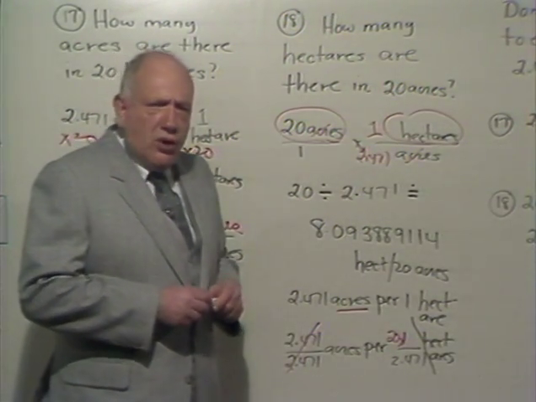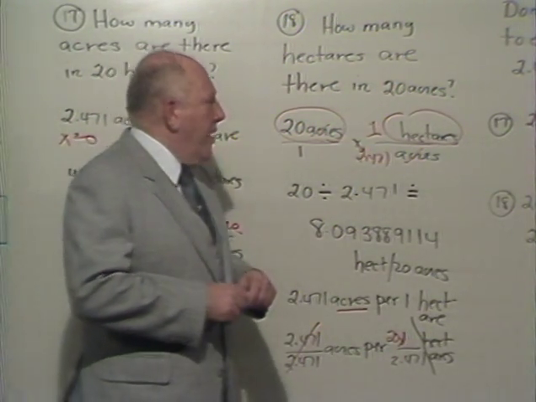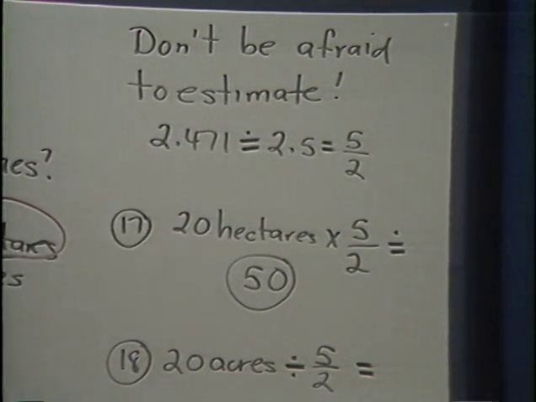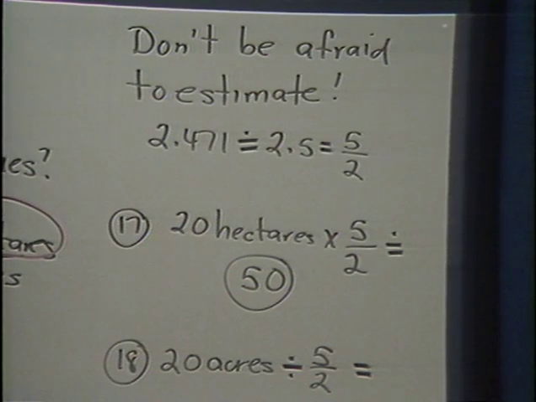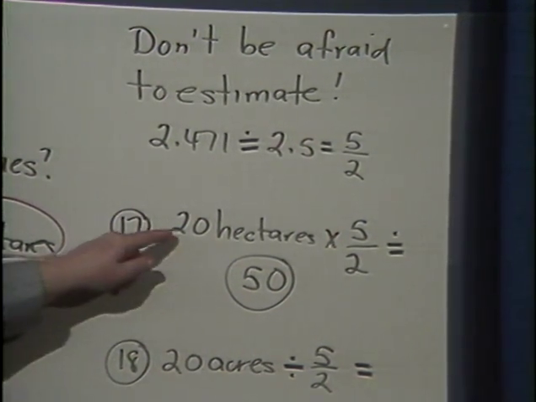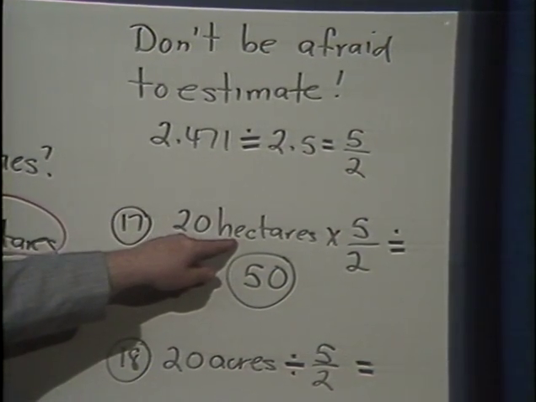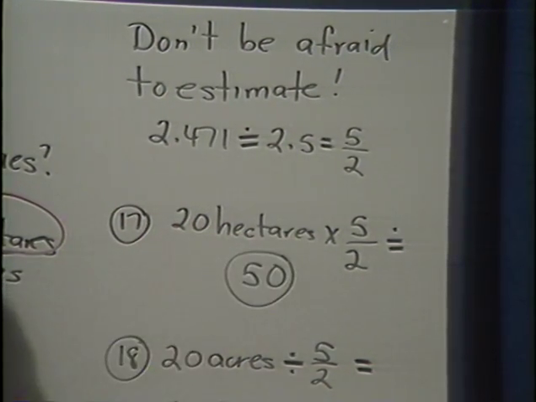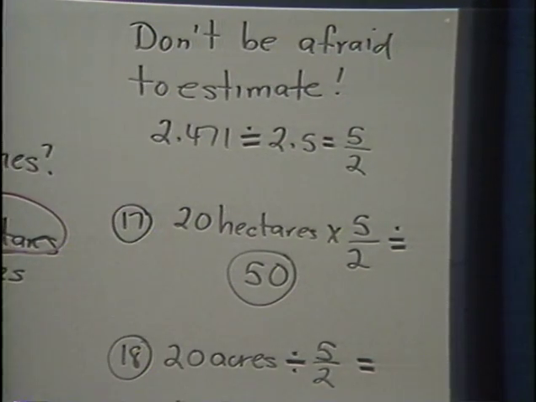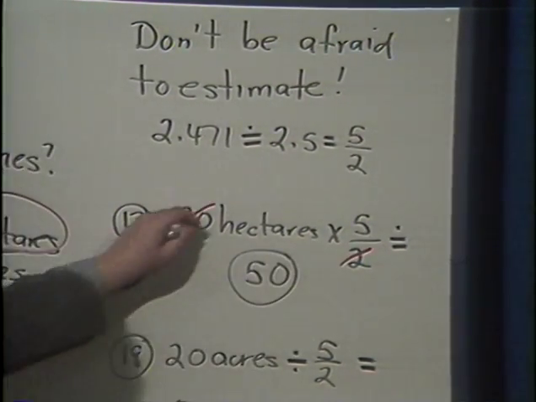And as a last word, don't be afraid to estimate. If 2.471 scares you, notice that that's very close to 2.5 or 5/2. So when you were taking 20 acres and multiplying that by 2.471, roughly speaking, that should have been the same answer as if you were multiplying by 5/2.